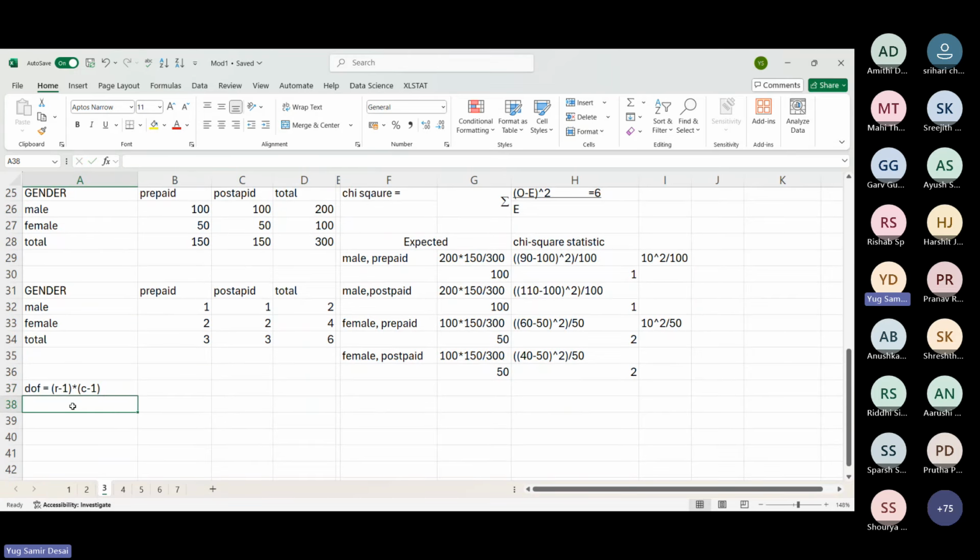So in our case, in R, there were 2 parameters. For C also, we had 2 parameters. Our degree of freedom would be 2 minus 1 multiplied by 2 minus 1 again, giving us the total degrees of freedom as 1.